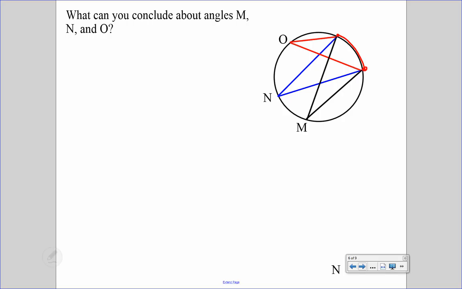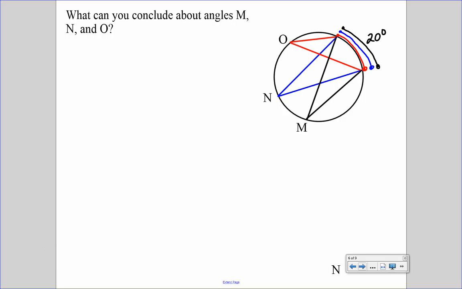Let's look at the blue one. The blue arc goes from here to here. And the black arc goes from here to here. So if you notice, all the arcs are exactly the same. So let's just say that this arc is 20 degrees.